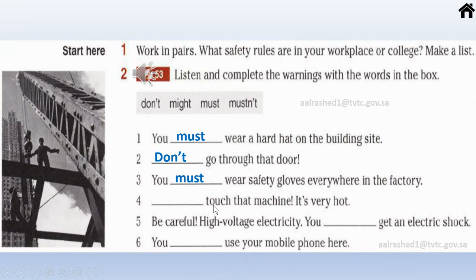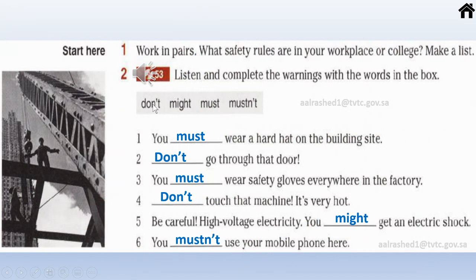Don't touch that machine. It's very hot. 5. Be careful! High voltage electricity. You might get an electric shock. 6. You mustn't use your mobile phone here.